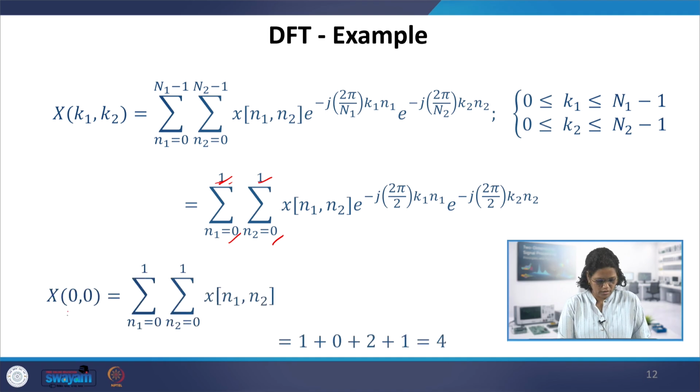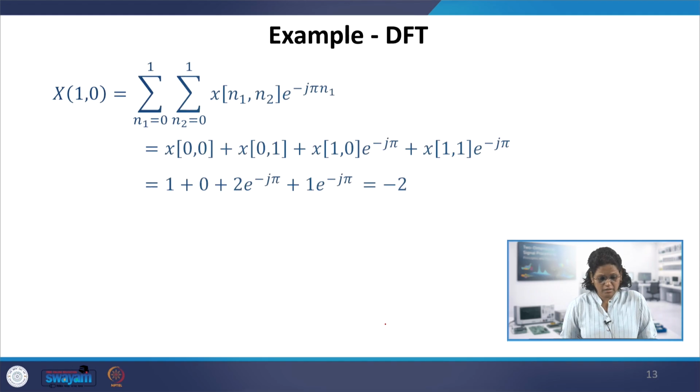So k1 k2 values will be 0 and 1 only. So for 0 0, if we compute, this becomes 1, and we have to sum these samples, 1 0 2 and 1 for signal x, and this would result in the 0 0 component being 4, like the DC we obtain in the 1D.